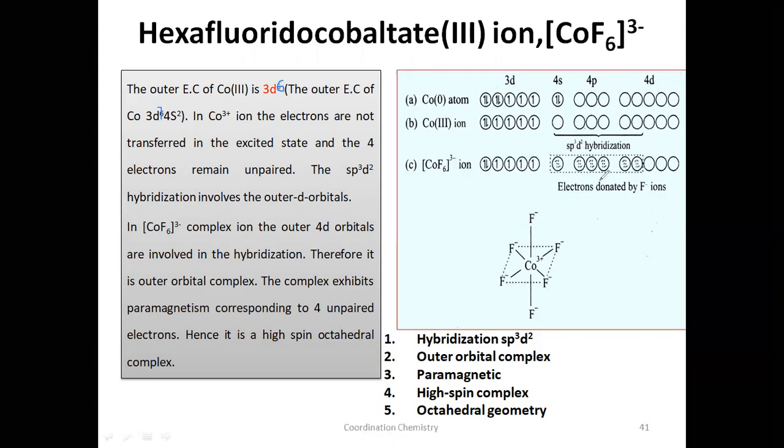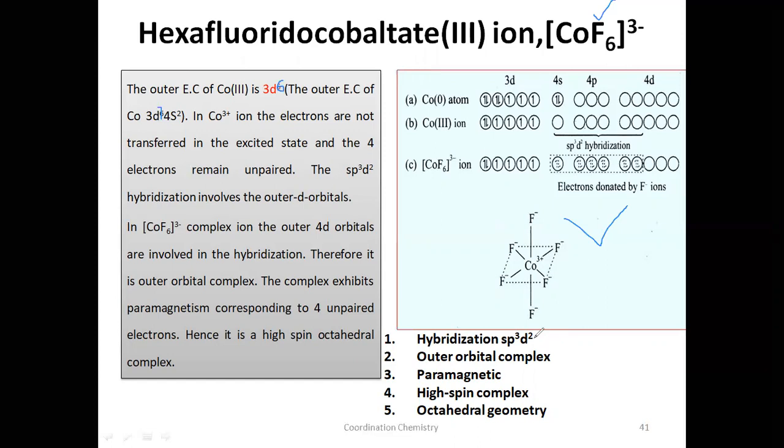Into these sp3d2 vacant hybrid orbitals, the fluoride ligand will donate a pair of electrons and form a coordinate covalent bond. This is the geometry, octahedral geometry. Now let us summarize. Hybridization is sp3d2.